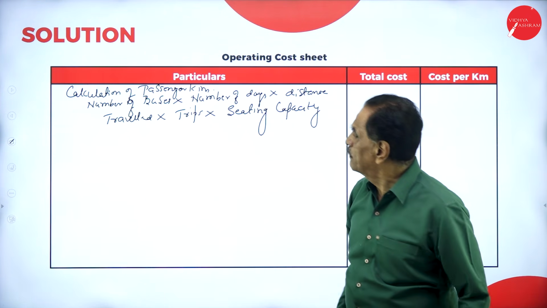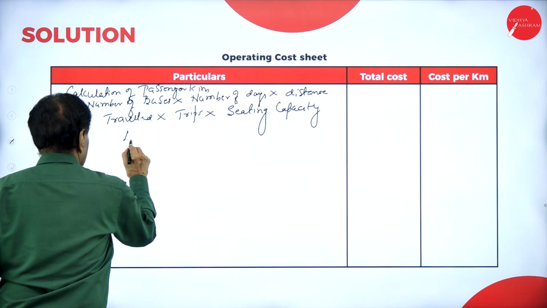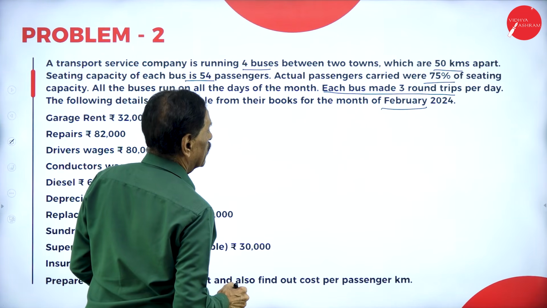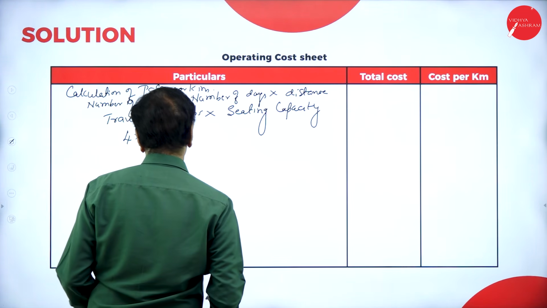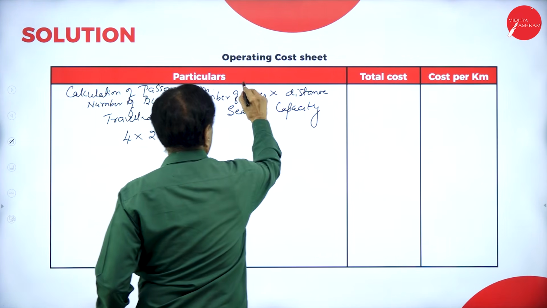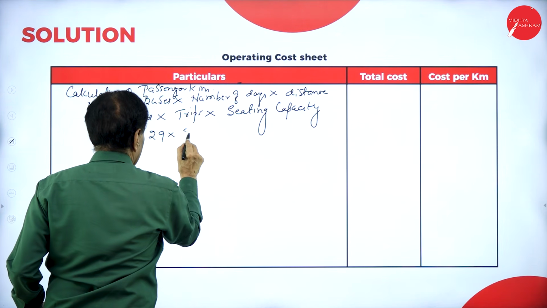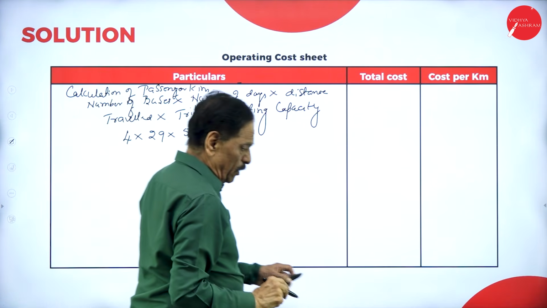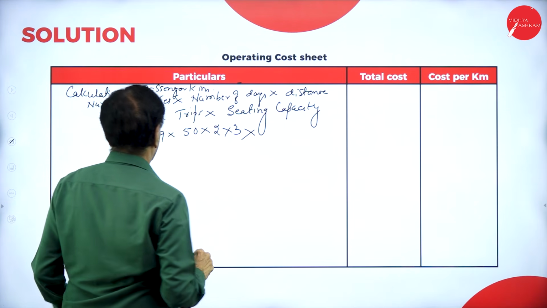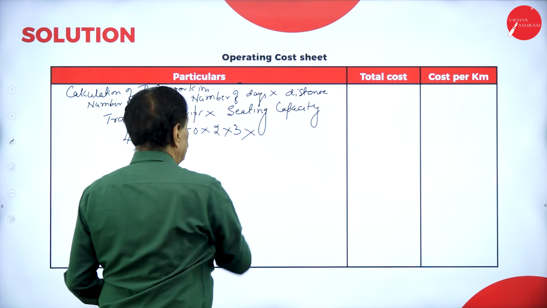Number of buses, 4 buses. Number of days, February, leap year, 29 days. Distance traveled, 50 kilometers into going and coming 2, 3 trips: going 50, coming 50 is 100, how many times? 3 times.